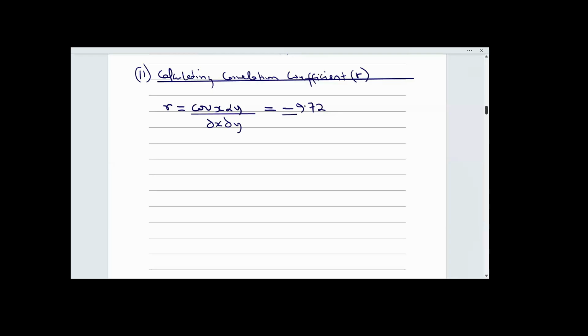which we calculated as 5.01, then standard deviation of security Y, we got 2.3.